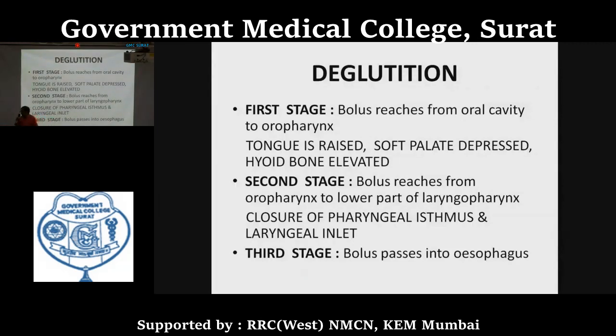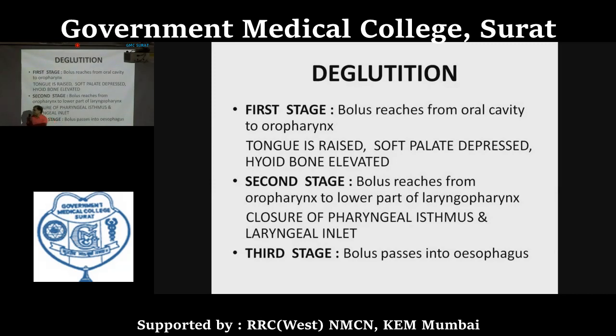Now, in the first stage, the bolus which is put in the anterior part of the oral cavity crosses the whole oral cavity and enters the oropharynx. That is our first stage. When the bolus reaches the oropharynx, the first stage ends.